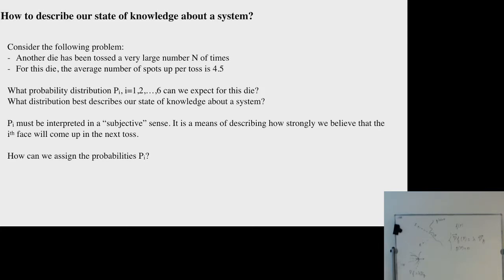What would be your best guess for the probability of each outcome of this die? The only thing you know is that the average is 4.5. In the previous case, we assigned the same probability to all outcomes, 1/6. But now it's different. What can you tell me about the different probabilities?